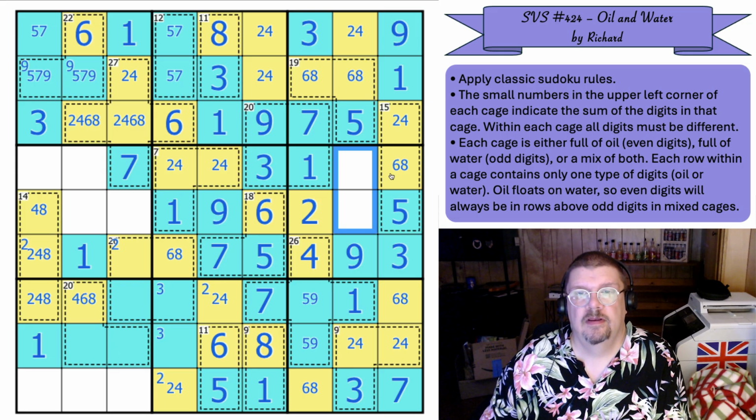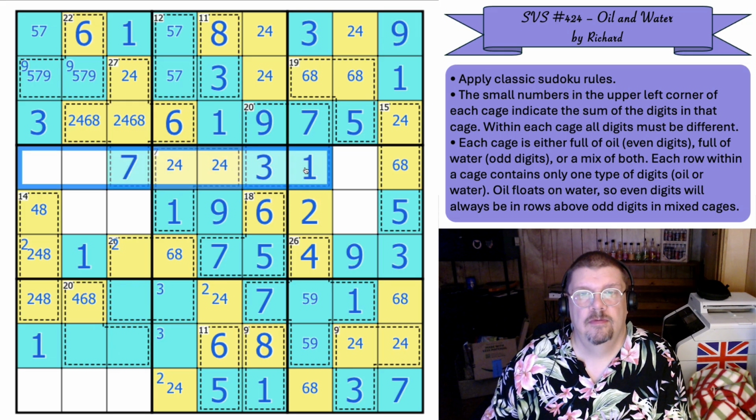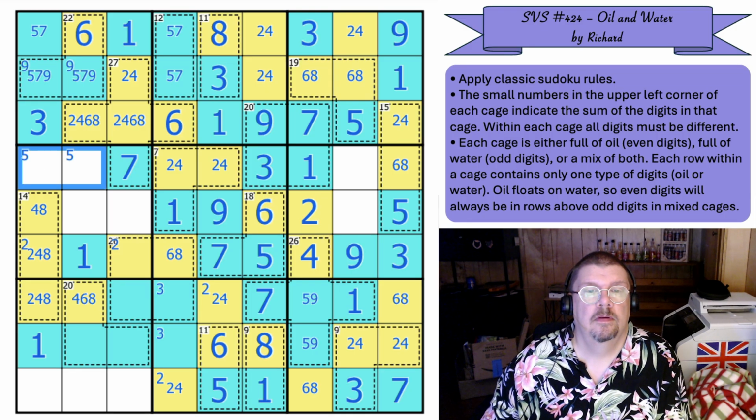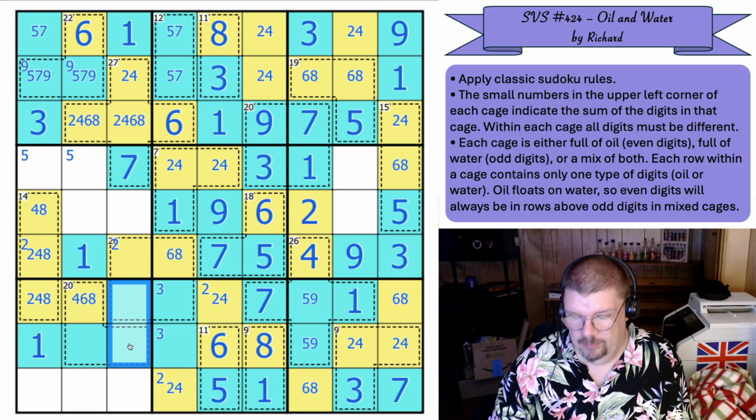Where does 5 go in this row? Must go in one of those two. And there's definitely a 5 there, definitely a 5 in one of those 3, but in those two columns, definitely a 5 there. So we need a 5 in one of those two.